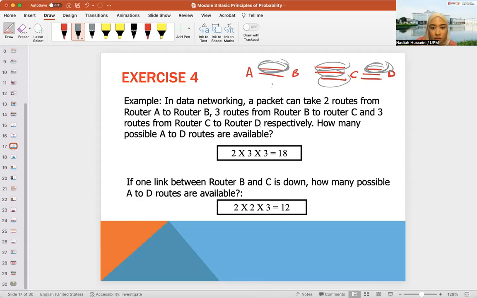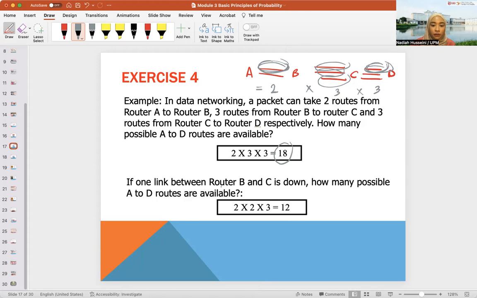For the first stage you have two possible ways of selecting the route, for the second stage three possible ways, and for the third stage three possible ways. So what is the total number of events that you can get? 2 times 3 times 3. 9 times 2 is 18. So there are 18 possible routes that I can get from this architecture.